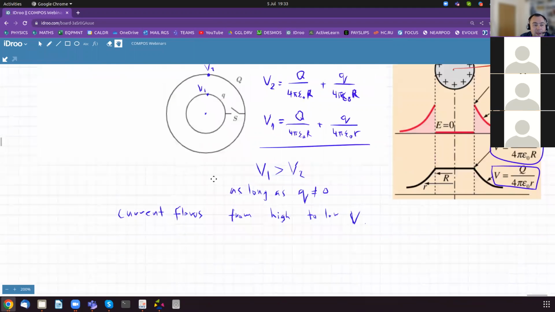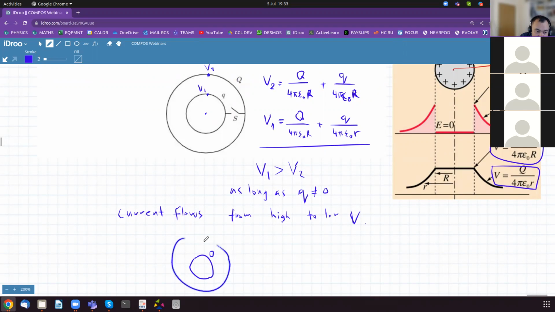Therefore, until the inside sphere is not charged, the charge would be 0. And on the outside sphere, the charge is going to be Q plus q. So it's a simple answer, not really a simple solution, but more of a qualitative thing. This is what you would typically get on an interview question.